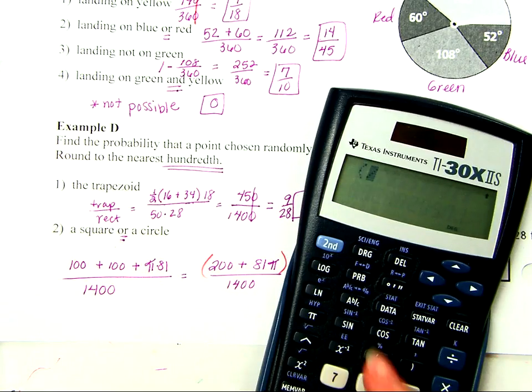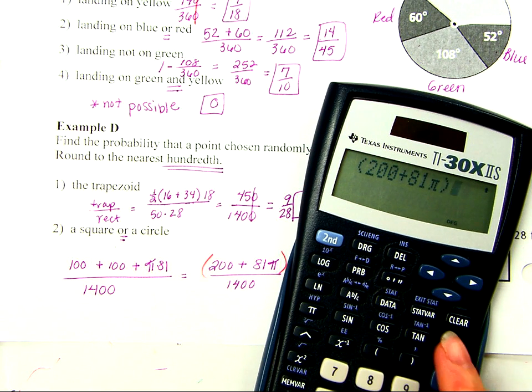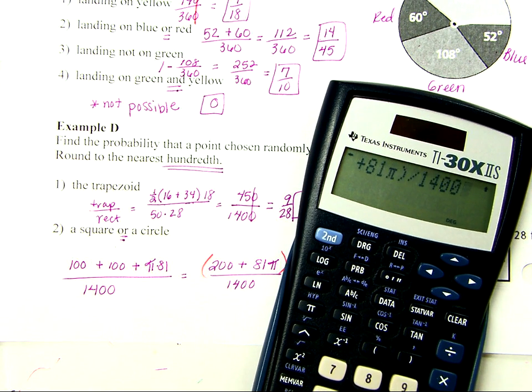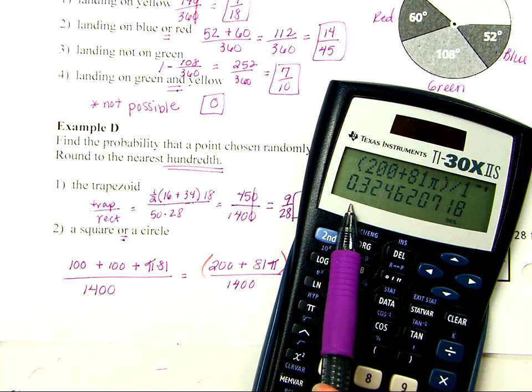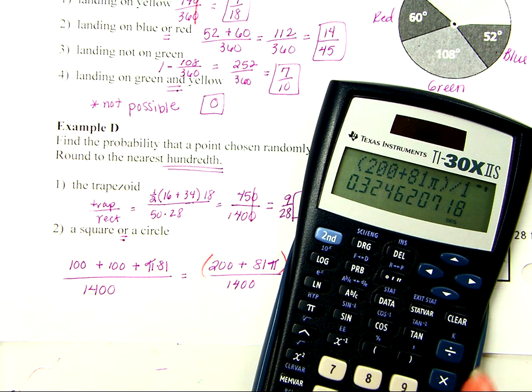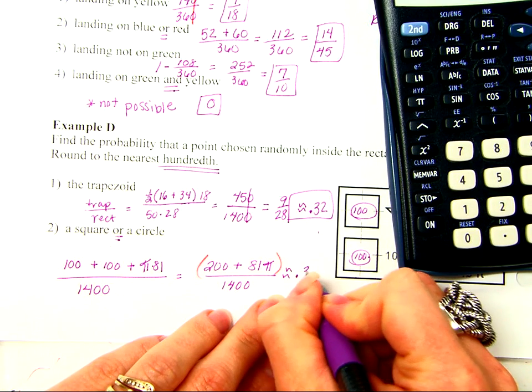I want my 200 plus my 81 pi to be divided by my rectangle, 1,400. Now, I didn't mean for this to happen, but we actually are going to get a similar probability as above. That's about 32%. So, again, to the nearest hundredth, this is going to come out as about 0.32.